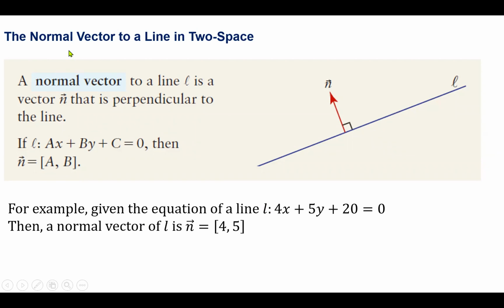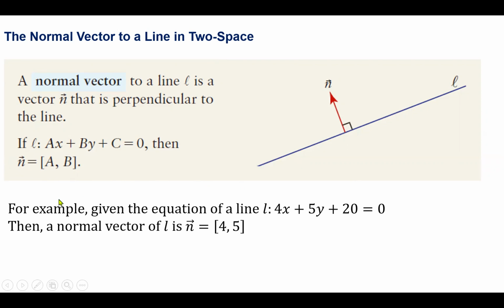If the scalar equation of L is given by ax plus by plus c equals 0, then the normal vector is given by (a, b). The vector (a, b) here is the position vector for the normal vector to this line. Okay, so you can try to prove this using the Cartesian vector after this class. I'm not going to show you how we can prove this.